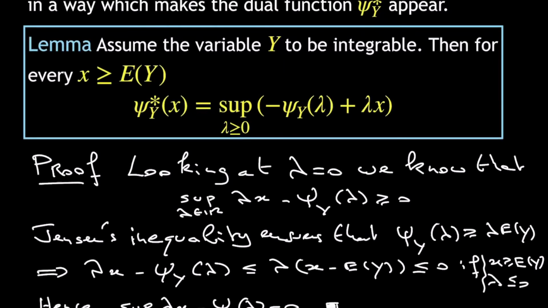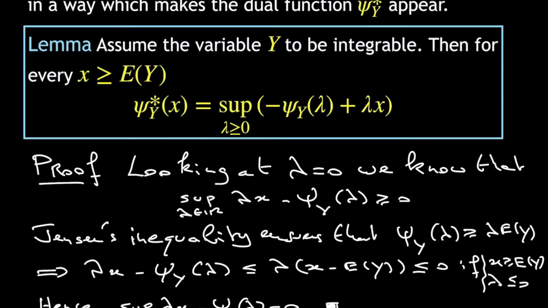So let's go to the proof. The proof is absolutely trivial. At 0, we know that the quantity here is equal to 0, which means that the sup is at least non-negative. And so what you look at is what happens for a negative value of lambda.